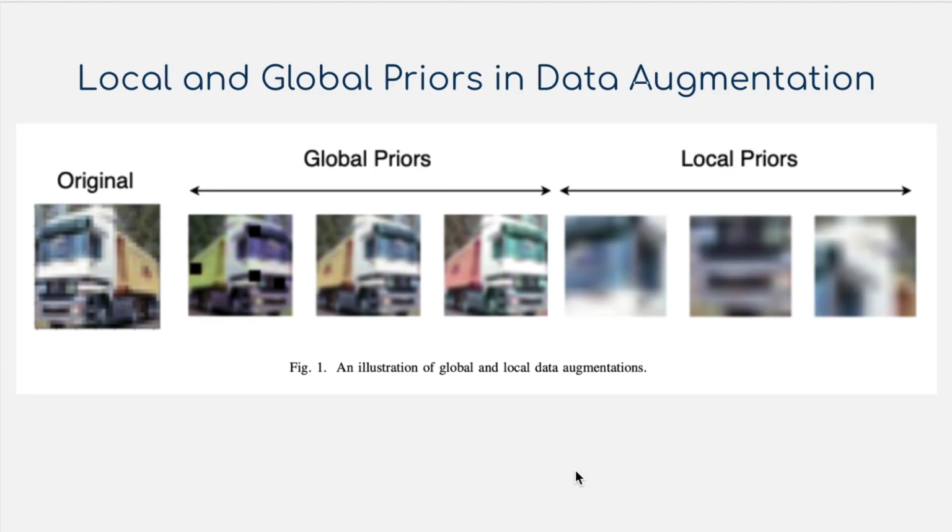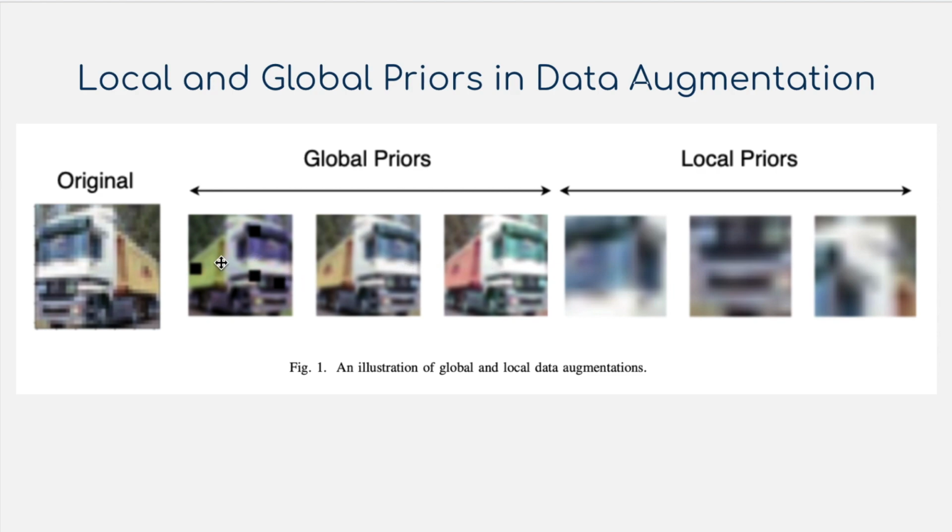In our experiments, we're interested in seeing if the global and local spatial priors between the neural network architectures and the data augmentation correspond with each other and interact with each other in a predictable way. So a global prior in augmentation is defined as something that preserves the global structure of the image. We have this original truck image that's been flipped.